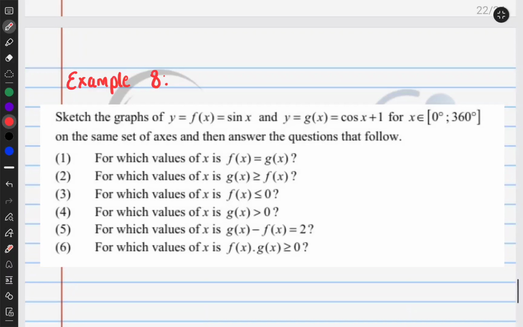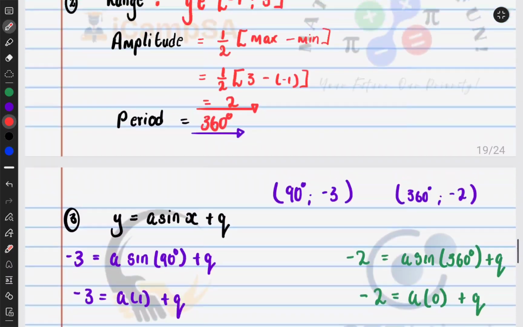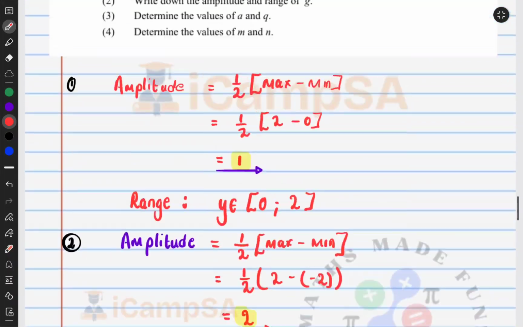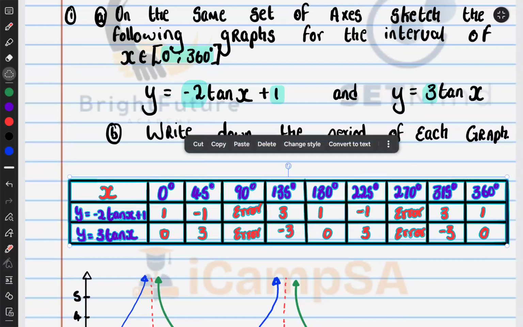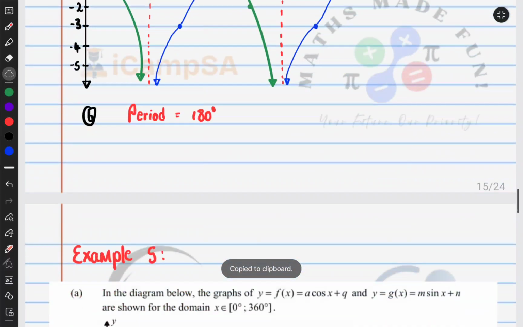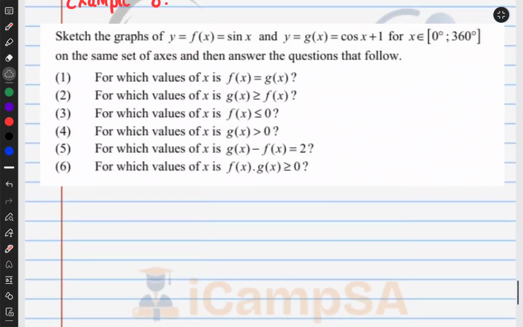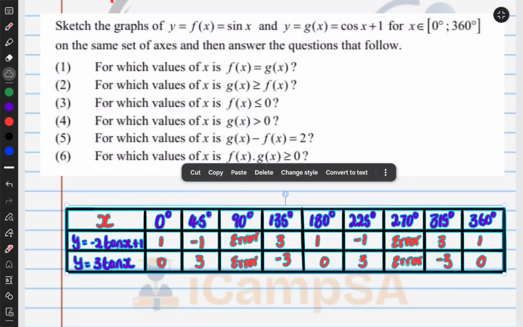Okay, we have to sketch the graphs. Let's come here. We need the table. Let's take this one, copy, and let's take this one here.